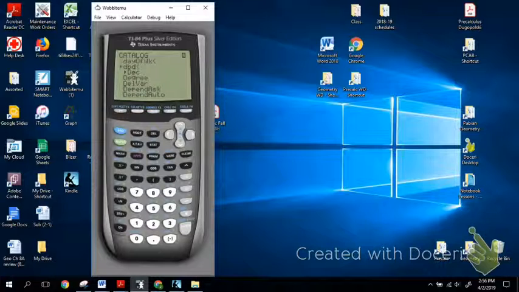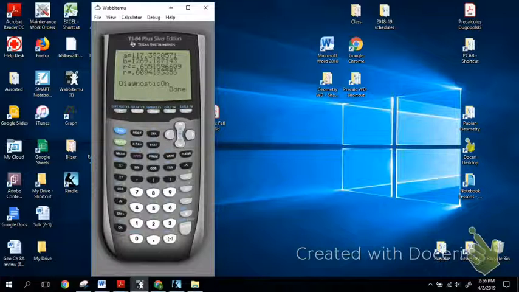Then you're going to go all the way down till you get to diagnostic, and you're going to turn your diagnostic on. So you're going to get all the way to this diagnostic on, and you're going to hit enter twice. Enter will just put it on your home screen. Entering again will turn it on.